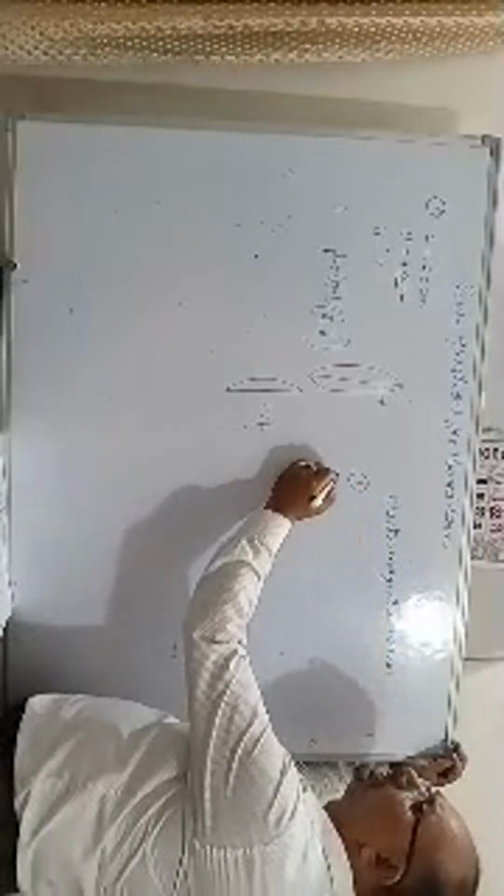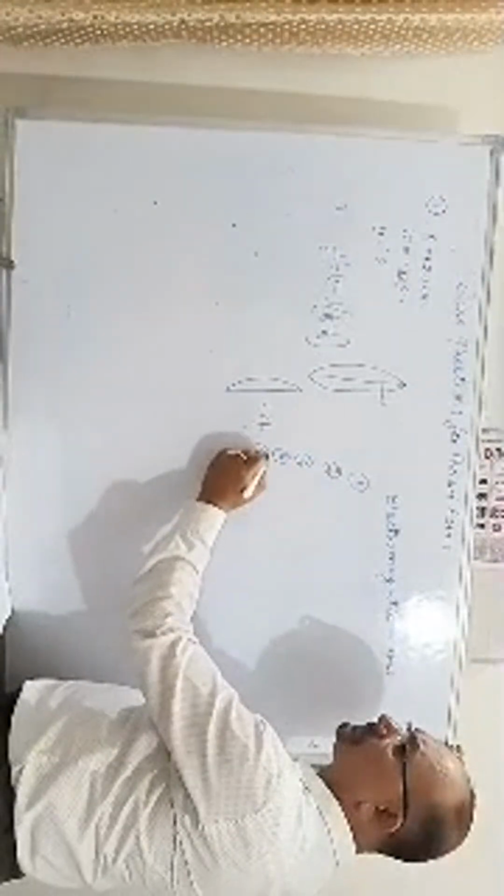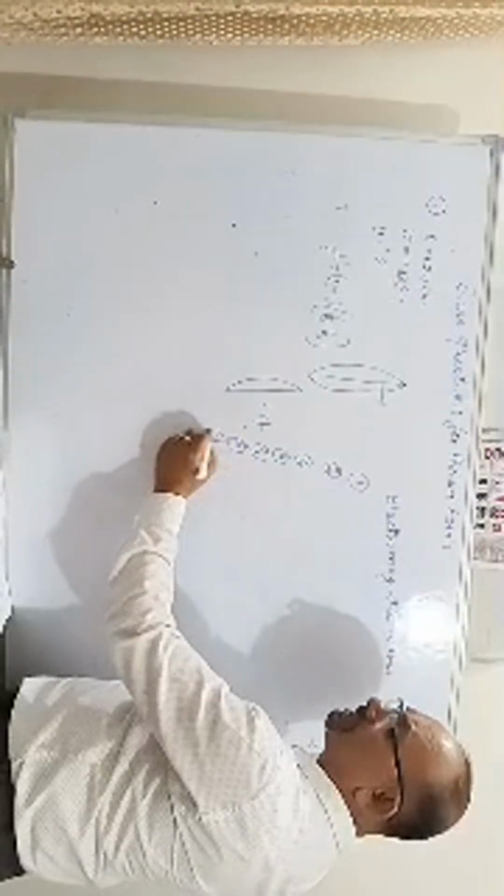Their sequence is 1, 2, 3, 4, 5, 6, 7. There are 7 waves.